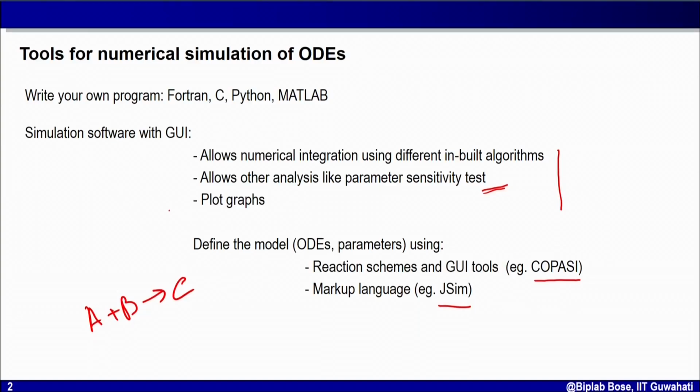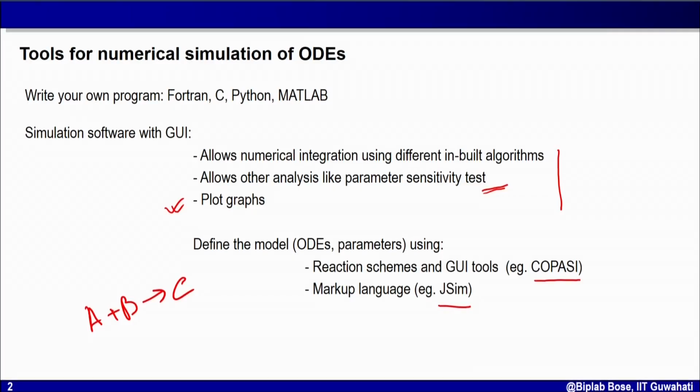And the last importance of GUI-based simulation software is that most of them have a ready-made visualization tool or plotter. So once you simulate, the graph for the dependent variable comes up automatically. So you can visualize the simulation immediately. You do not have to use a separate plotter or grapher tool for plotting your data.